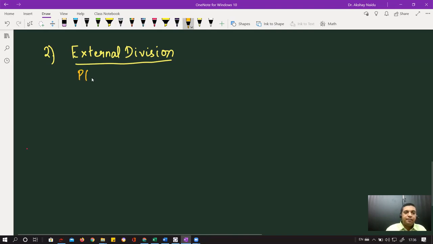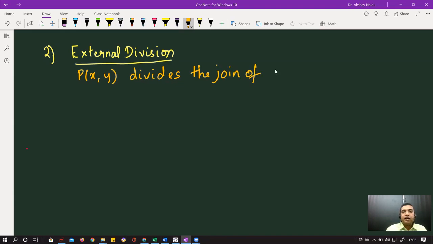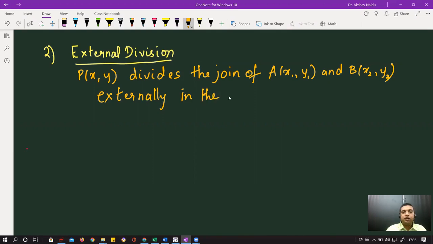So P x comma y divides the join of A x1 comma y1 and B x2 comma y2 externally in the ratio m:n.